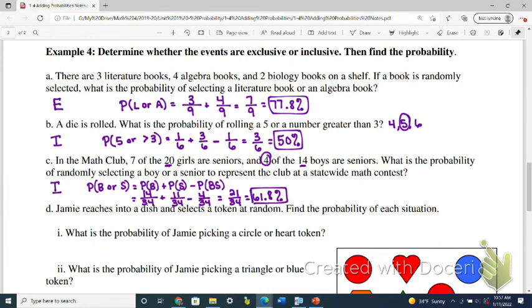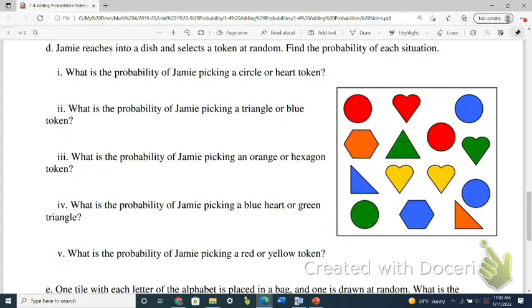Let's look at D. Okay, D deals with all of these shapes over here. So there are 14 shapes total. What is the probability of picking a circle or a heart? So first of all, can it be a circle and a heart at the same time? No, it cannot. So these are exclusive.